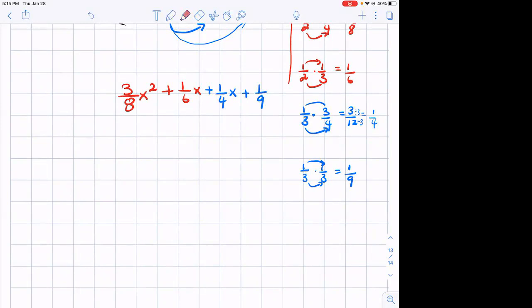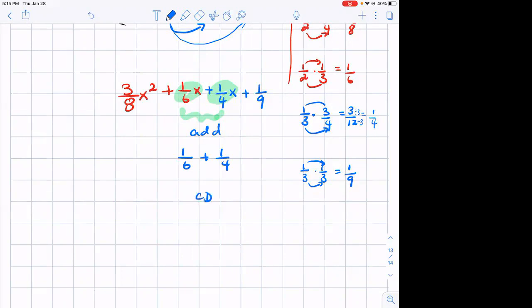Now, notice that you still have a little work, because here is an x term and here is an x term. So you have to add these two. How do you add 1 over 6 plus 1 over 4? Well, you have to find a common denominator.